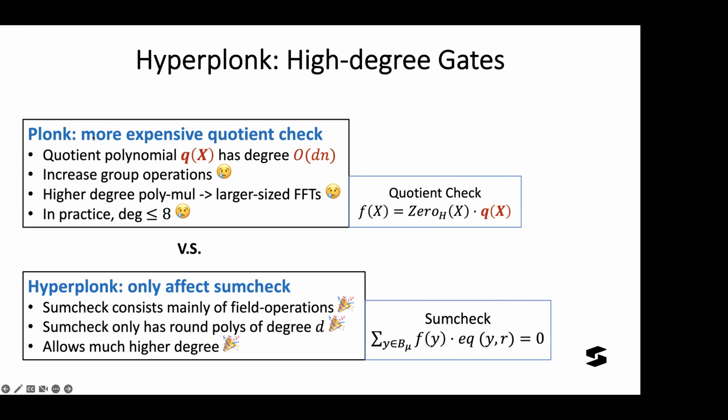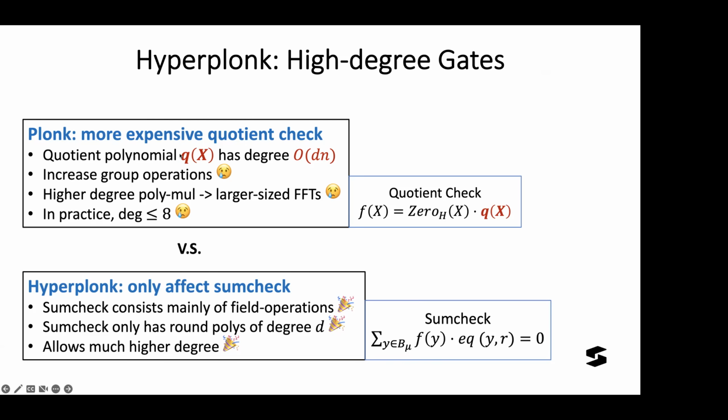This is exactly what Binyi wrote there, and that's the important part. In univariate sum check, we commit to one quotient polynomial, which is of degree d times n. In the multivariate sum check, I also commit to a polynomial in every round, but that one is only degree d, not d times n, and there are log n rounds.